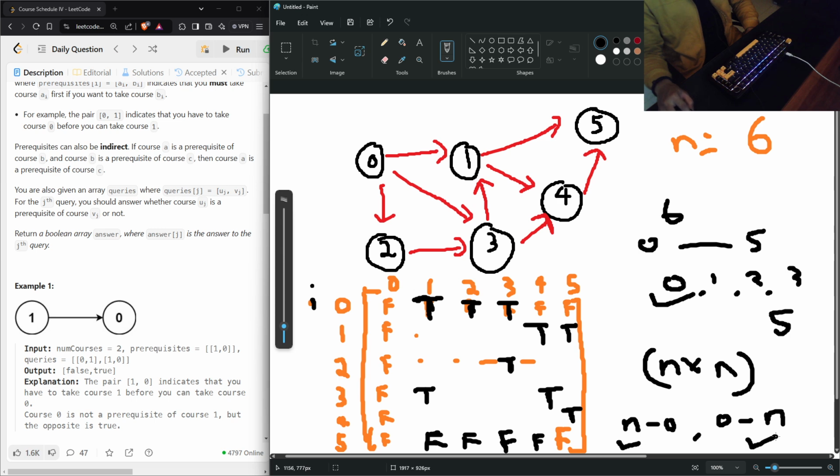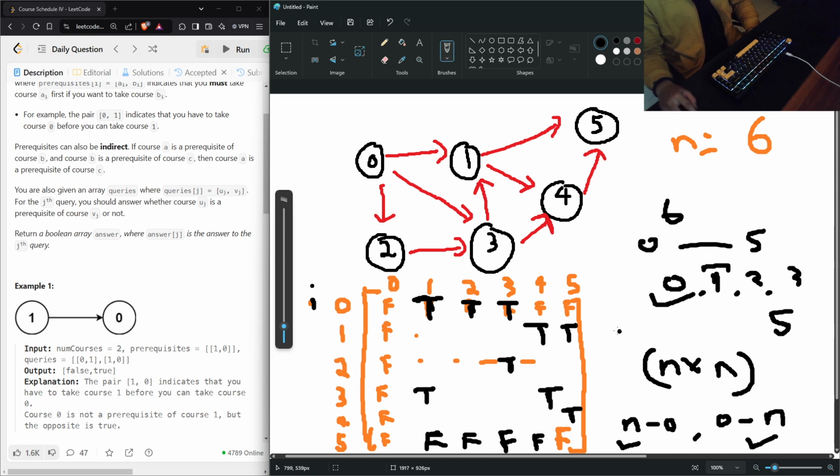If this is true, this would mean that we have an intermediate connection. We can go from any two nodes via this node right here. Let's take the example of node 1 right here. We're going to try to find if there is a connection between node 2 and node 4 via node 1.